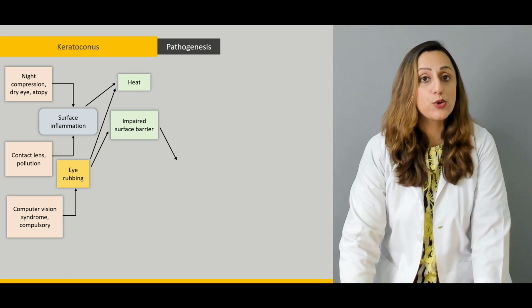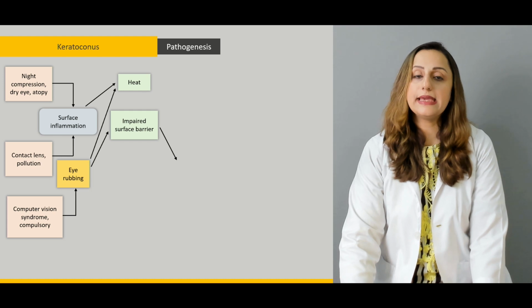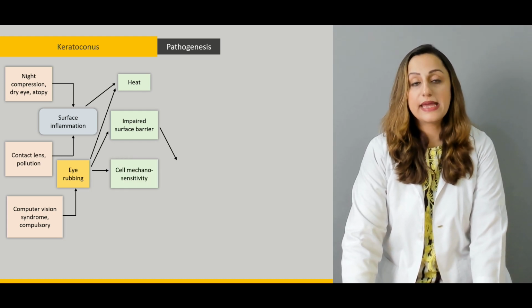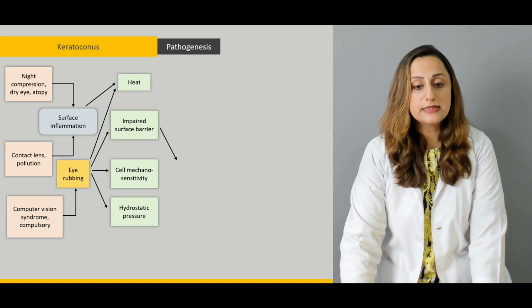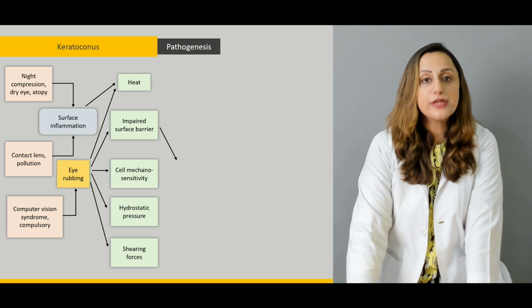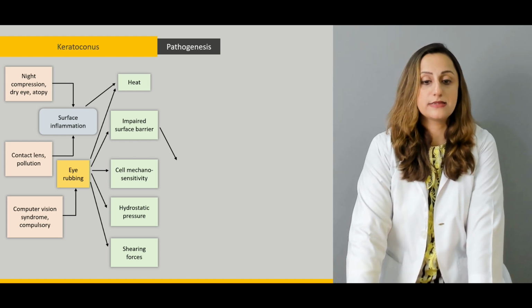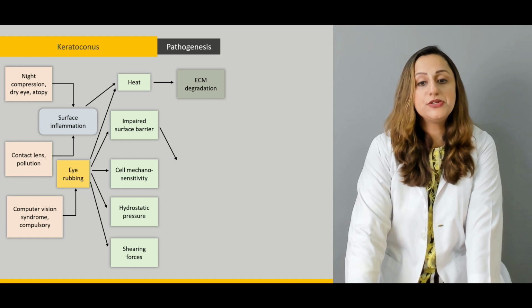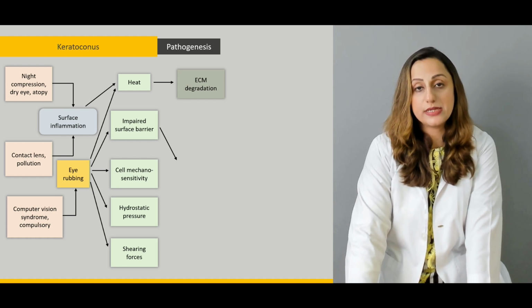Again, eye rubbing can also contribute towards an impaired surface barrier. Then cell mechanosensitivity is increased, hydrostatic pressure is increased, and there are shearing forces that the patient is suffering from. The heat is going to basically degrade the extracellular membranes.